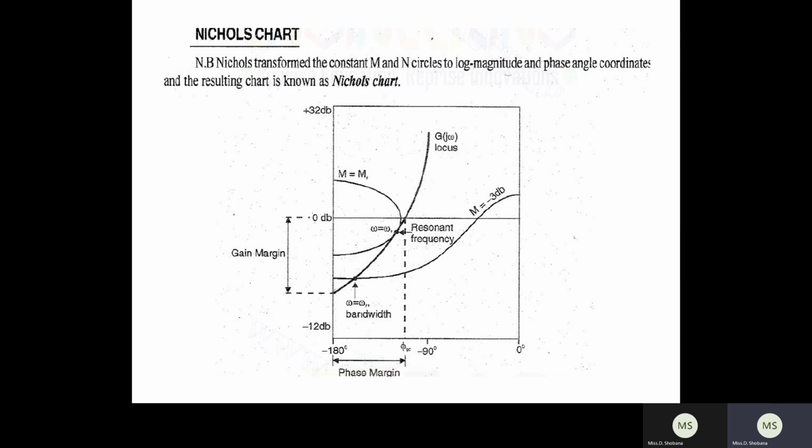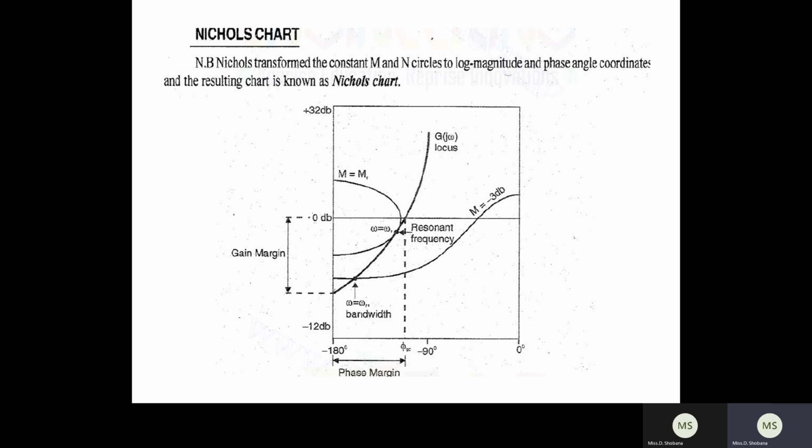So the Nichols chart is drawn for the magnitude and phase angle. The magnitude will be 20 log of magnitude, and the phase angle will be available. For these two quantities, we can plot the G of j omega locus here.